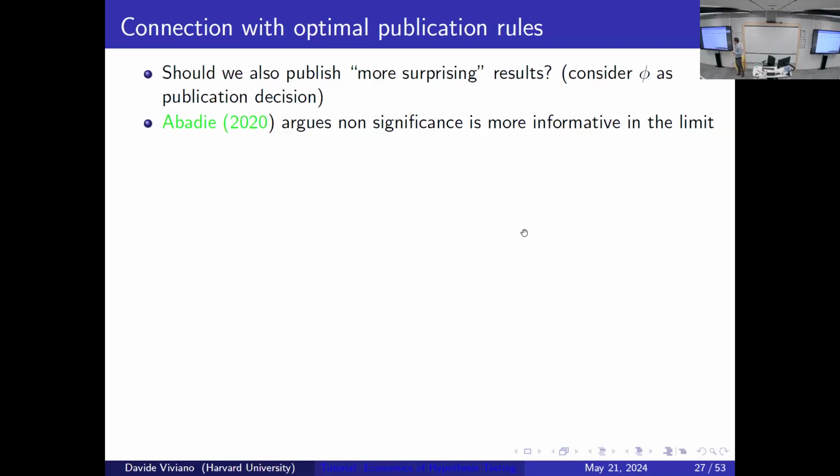One approach to think about this problem is what Abadie suggests in his AER Insights paper. He argues that non-significance can actually be more informative than significance in the limit.